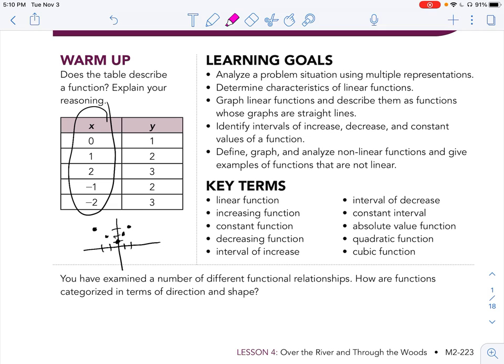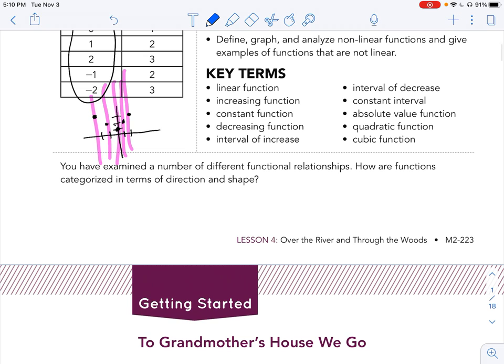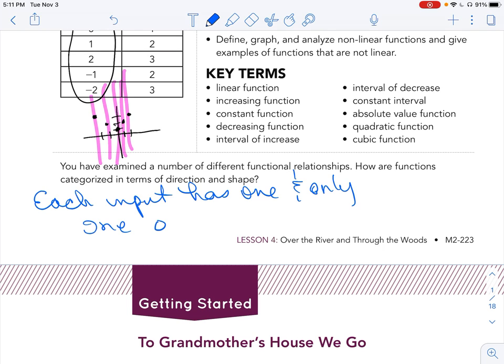So let's zoop, zoop, zoop, zoop, zoop. It only goes through one at a time. So you have a function. Each input has one and only one output.